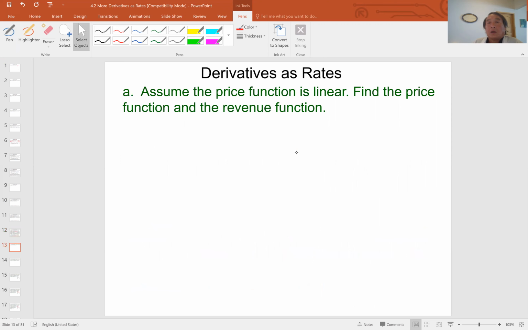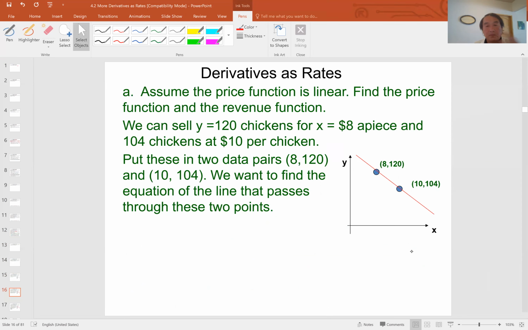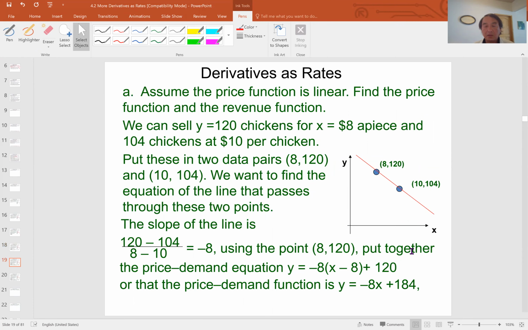We have two data points: at $8 per chicken, x, 120 chickens sold, y, and at $10 per chicken, x, 104 chickens sold, y. Calculating the slope and using the point-slope formula, I got these equations. This equation is the price demand function.